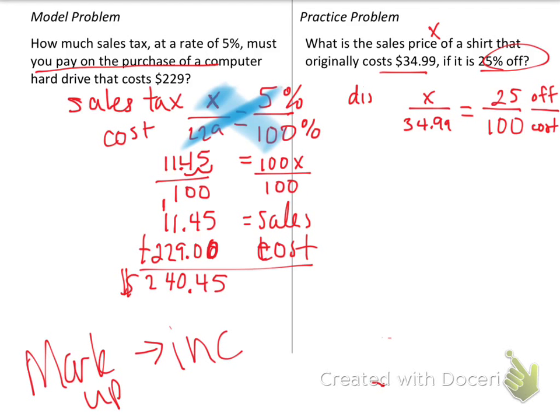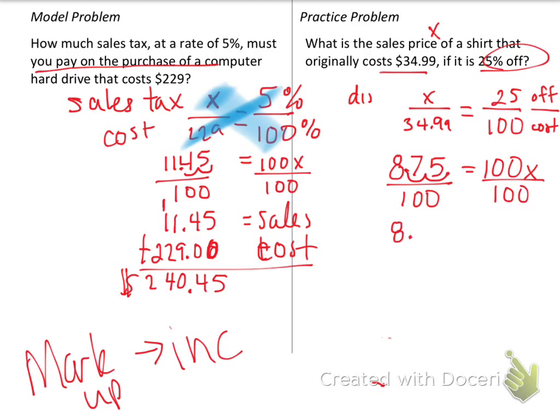So we can multiply those together and we get 875 equals 100x. We divide by 100, divide by 100. Remember again, the trick is just move the decimal 2 times.